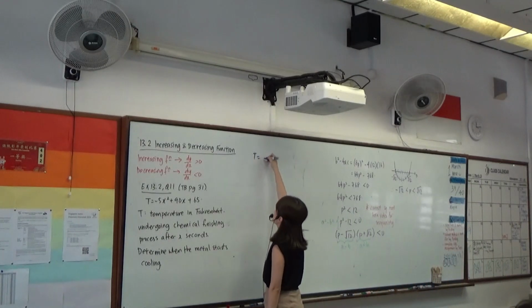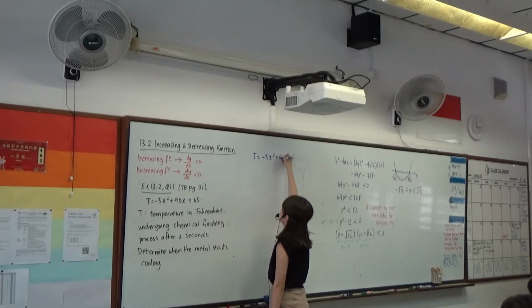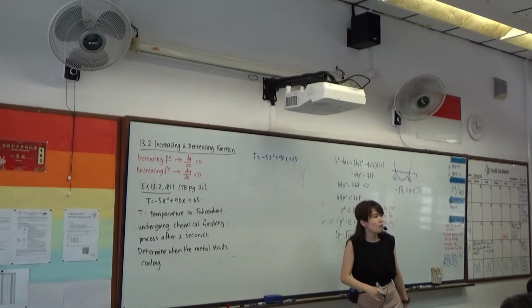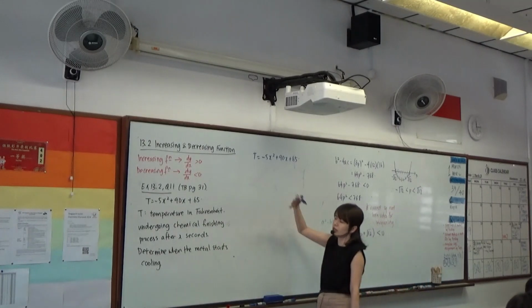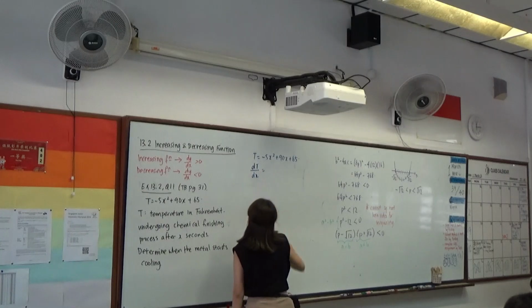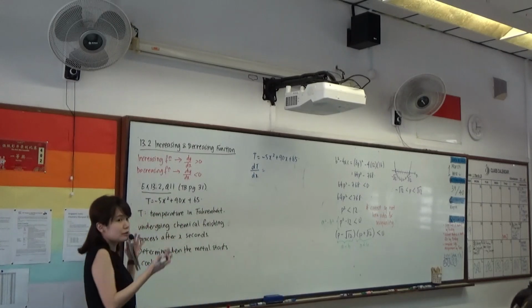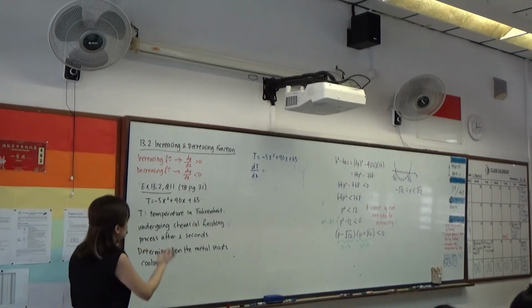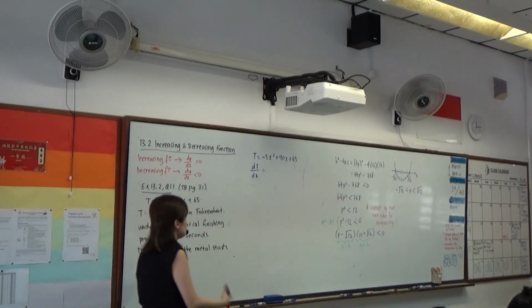With our T, we can find out the rate of cooling, or rate of temperature change, that is dT over dx. Since this question appears in our differentiation topic, intuitively we know we have to differentiate. And there's only one thing for us to differentiate, so we differentiate that.